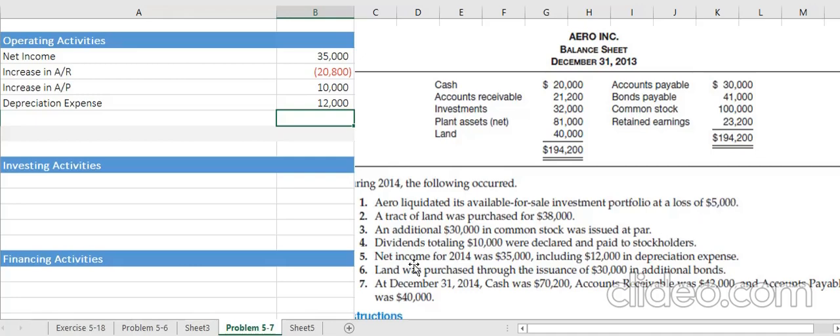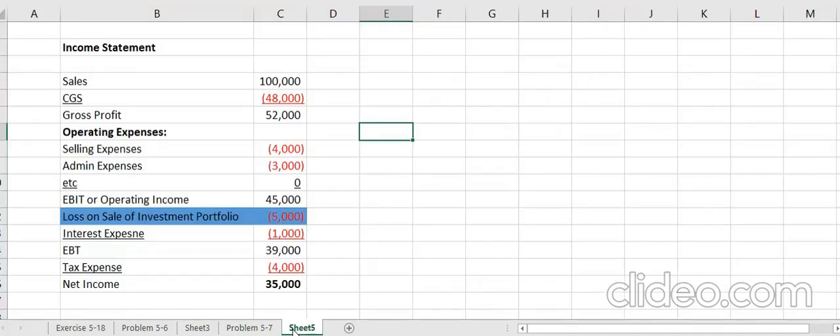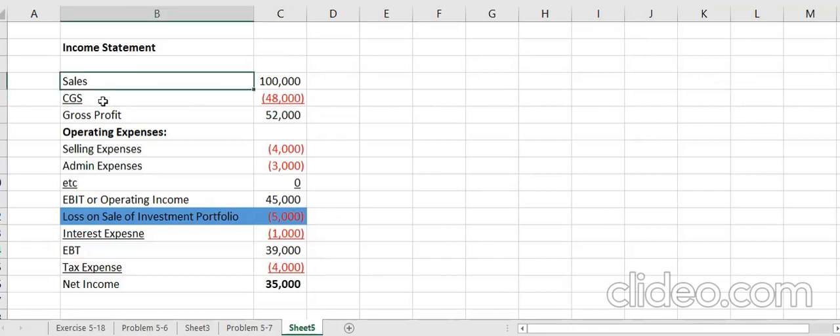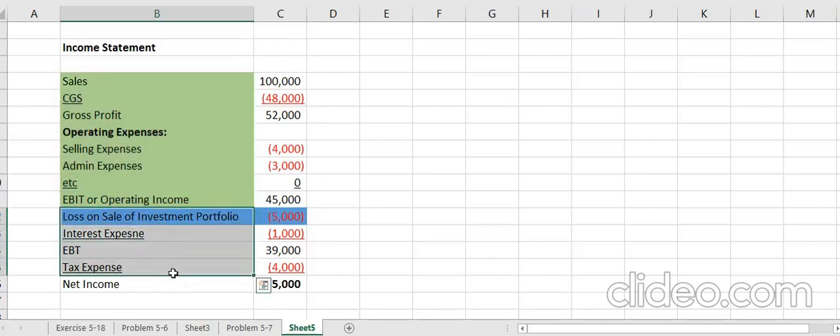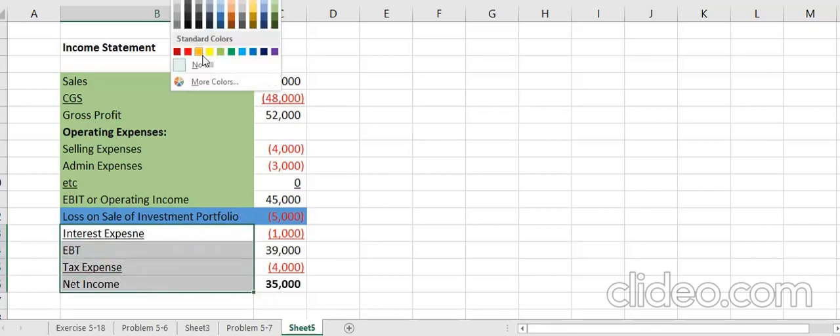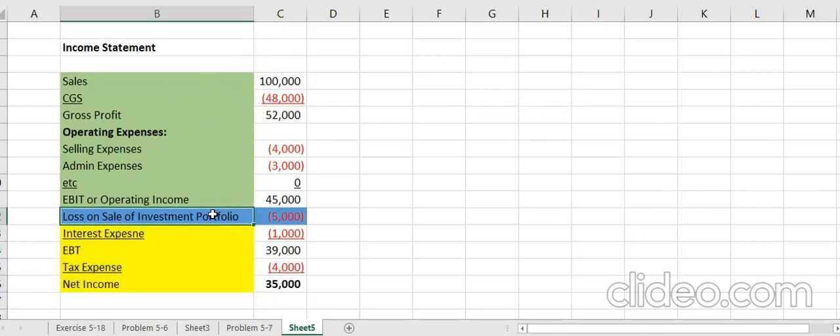Now, in order to explain the thing, I have created once again a fake income statement. So this income statement and the data which you see here is not related to the example which I'm solving, except the blue color 5,000. I just wanted to explain the role of the 5,000 in the income statement. So we have the operating portion, which I will color green, and we have the non-operating portion as well, which is yellow plus the blue color also.